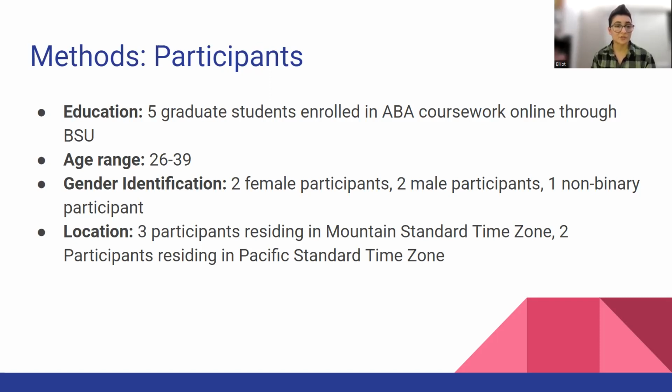Our ages ranged from 26 years old to 39 years old. The gender identification for our participants, we had 2 female participants, 2 male participants, and 1 that identifies as non-binary. And then the location for all 5 participants, 3 of them were in Mountain Standard Time Zone with 2 in Pacific Standard Time Zone.